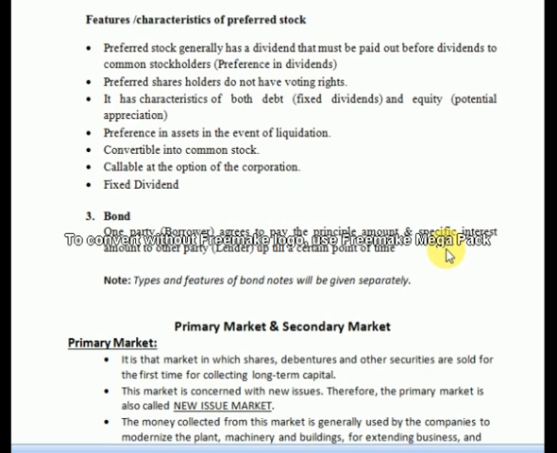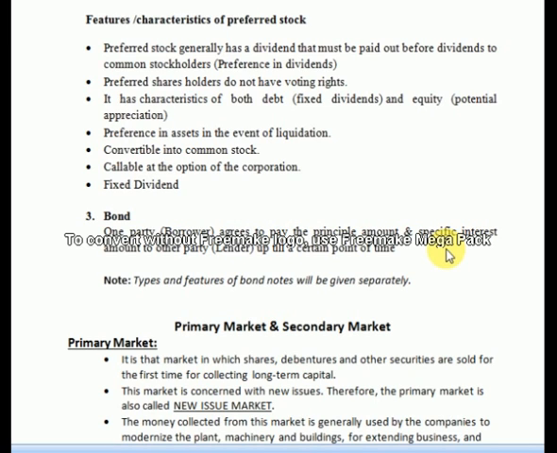In some instances, preferred shareholders have limited voting rights that allow them to vote if dividends have not been paid out for a certain period of time. In other cases, preferred shareholders receive full voting rights when they are converted to common stock. So the second feature is that they don't have voting rights, but in some cases, up to some limit, they do.